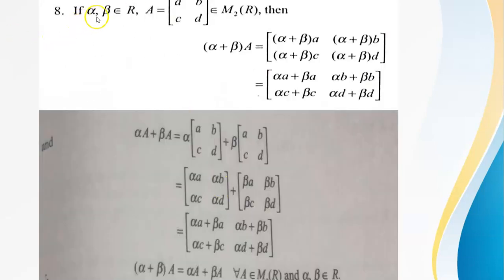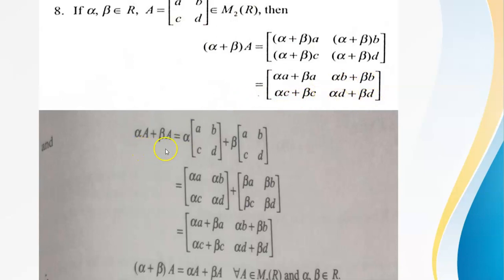Next, we are taking two scalars alpha, beta belongs to R, then a matrix A equal to [a, b; c, d] belongs to M2(R). Then we take (alpha plus beta) A equal to [(alpha plus beta) a, (alpha plus beta) b; (alpha plus beta) c, (alpha plus beta) d]. Then we are getting [alpha a plus beta a, alpha b plus beta b; alpha c plus beta c, alpha d plus beta d].